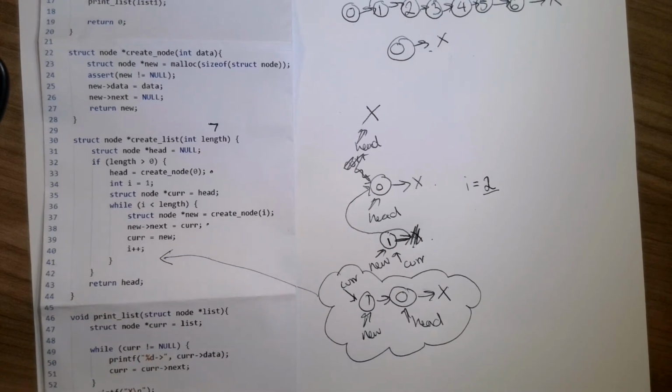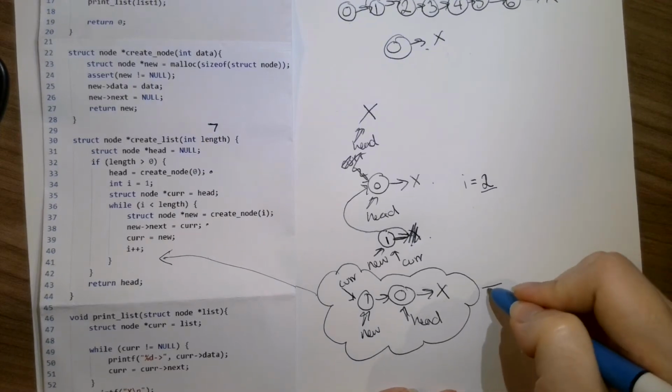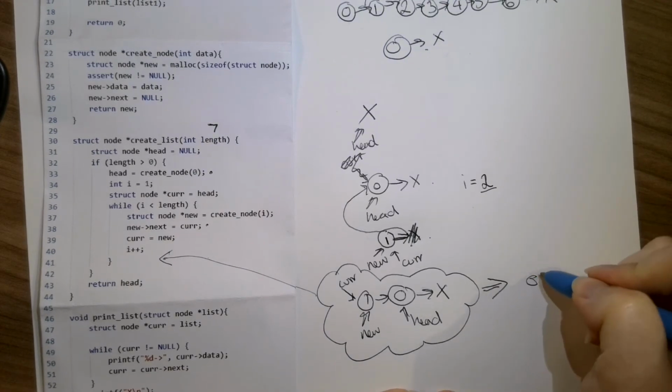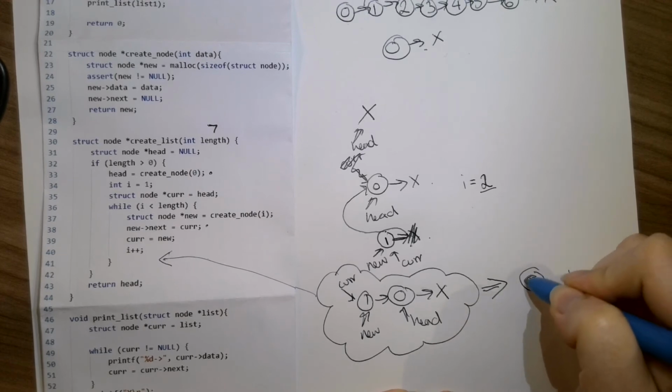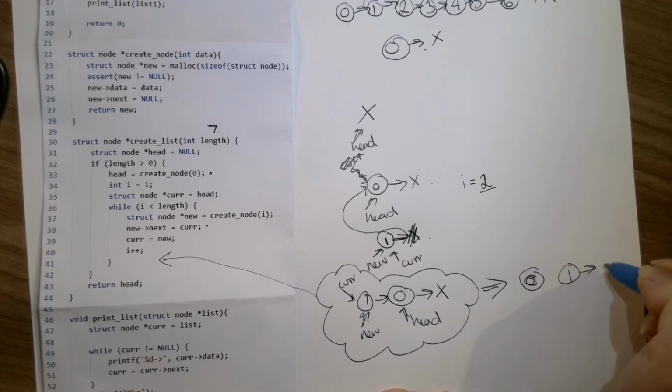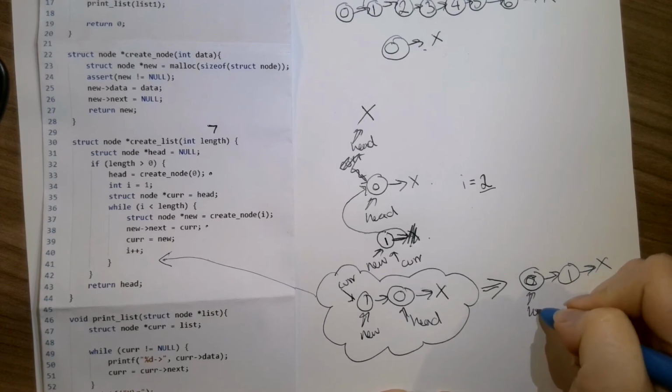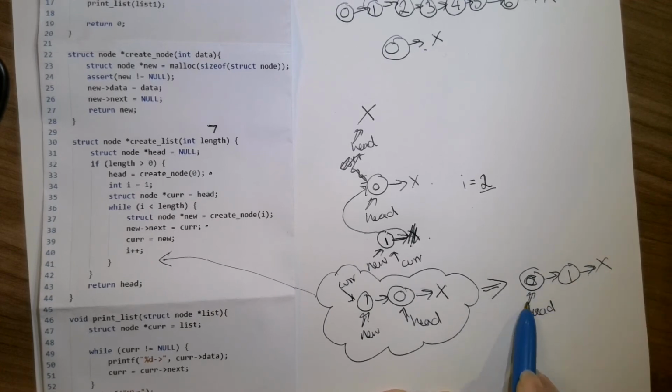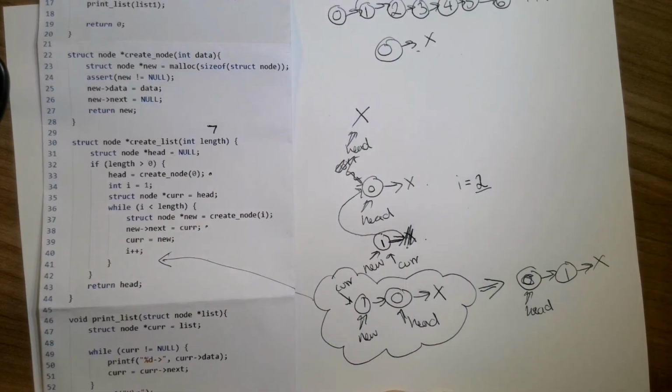Does that look right so far? Not at all. What we would want after one iteration is to probably have something looking closer to 0, 1, null, where head is pointing to the first thing, which is 0, because we're making this list, remember.